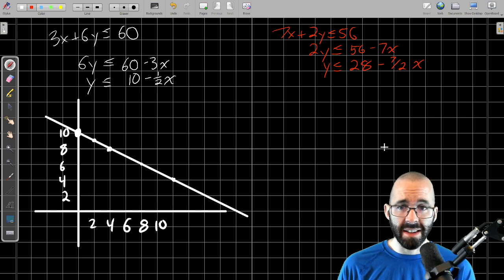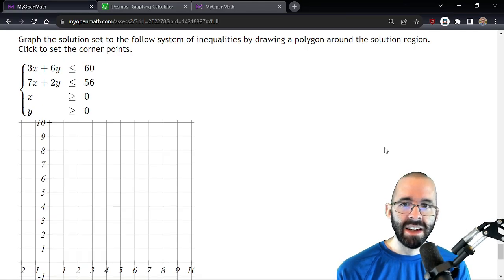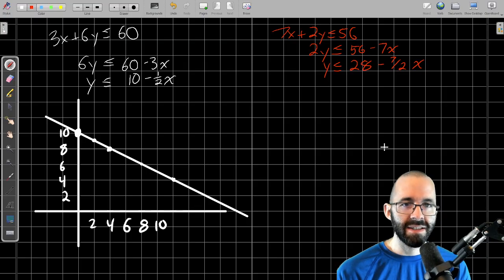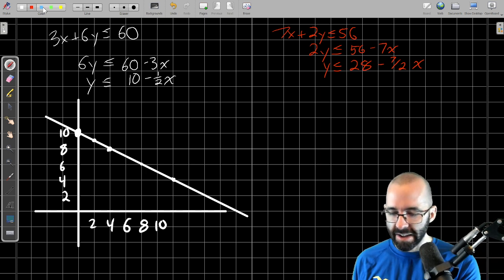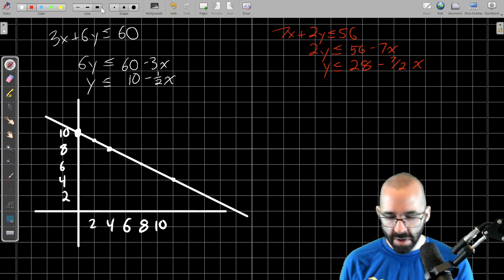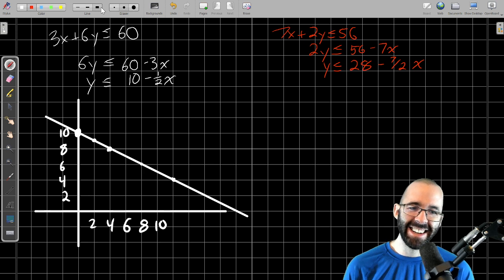This one looks a little messier. I'm a little nervous. Did I copy it down right? 7x, 2y, 56. Okay, looks okay. Let's see what this one looks like. So 26, 28, gosh. Ha! All right, well, we start at 28.